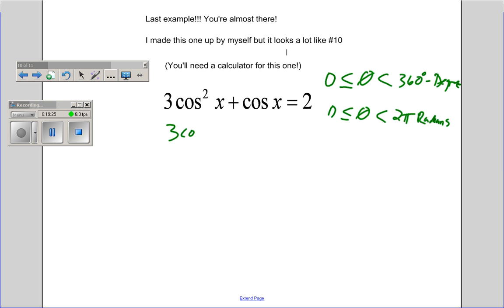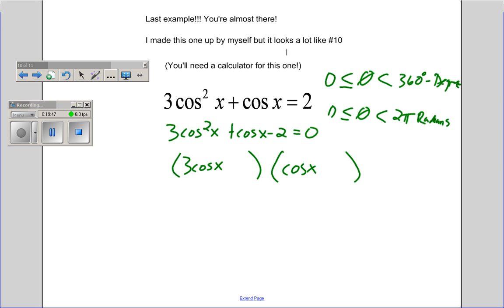If I've got 3 cosine squared x plus cosine x minus 2 equals 0, I'm looking for two numbers that multiply to -2 and a 3 that would add to 1. So I need the factors of 3 cosine squared. That's going to be 3 cosine x and then cosine x, and then factors of -2 that make this work. I would do 3 cosine x minus 2 and cosine x plus 1.